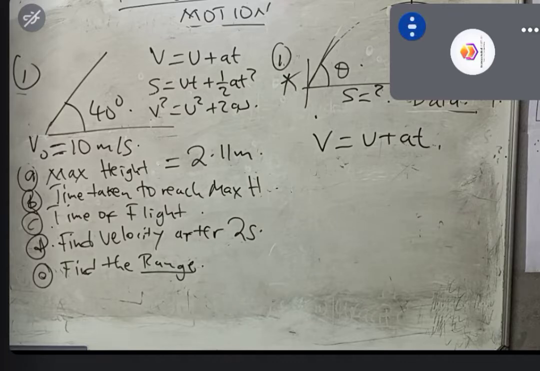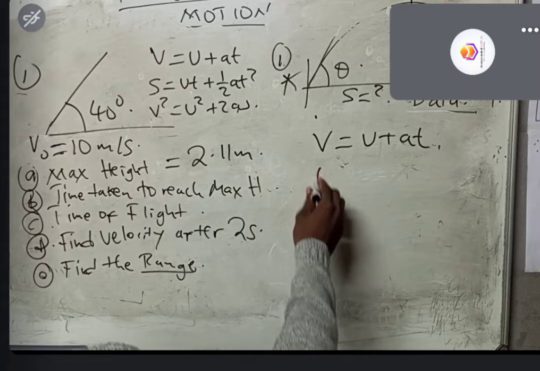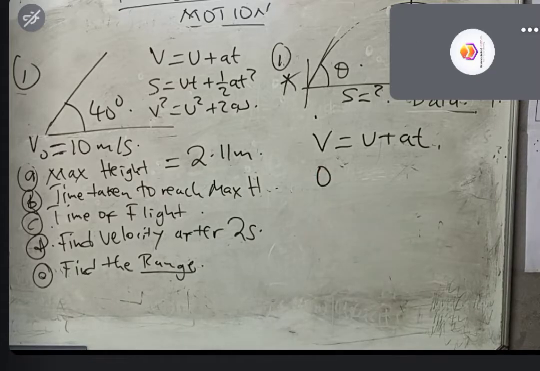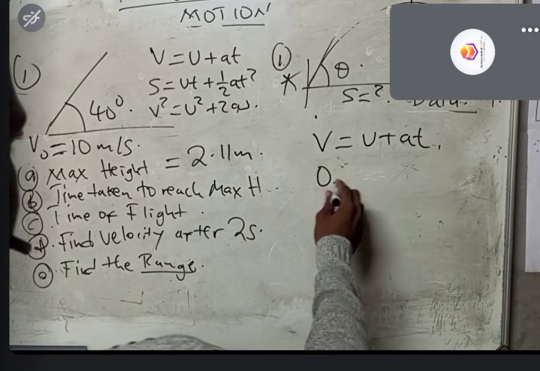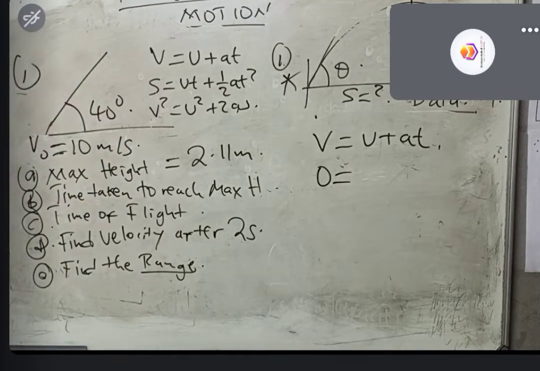Okay, so at the maximum height, our final velocity in the y direction will be 0. Initial. What will be the initial velocity in the y direction?